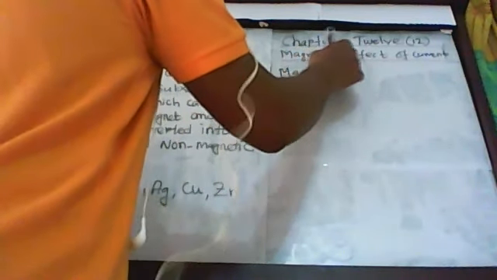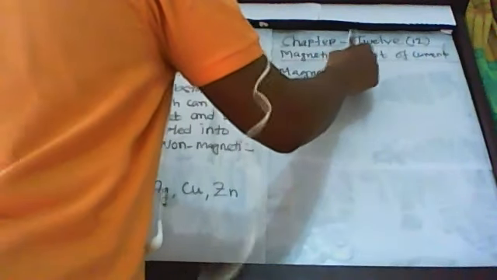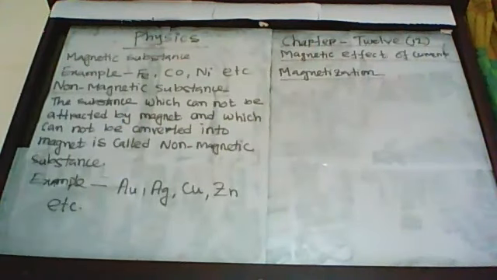Magnetization. So magnetization means what? Magnetization means to convert a magnetic substance into magnet. It is a process to convert a magnetic substance into magnet.